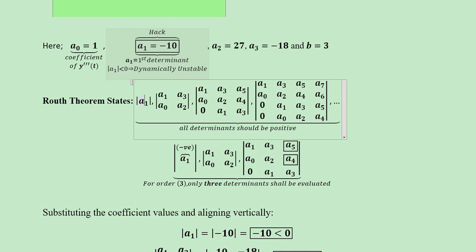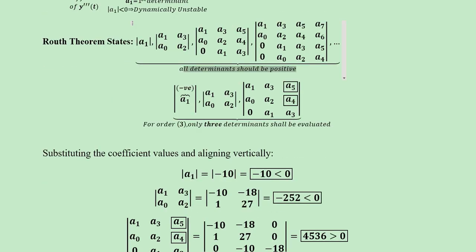So a1 has a negative value, which is definitely a sign of refutation of this condition, and this condition requires that all of the determinants should give a positive answer. So from a1 we can already guess that the Routh theorem suggests that there is no convergence. This is one of the hacks that we can use, but it's better to solve it.